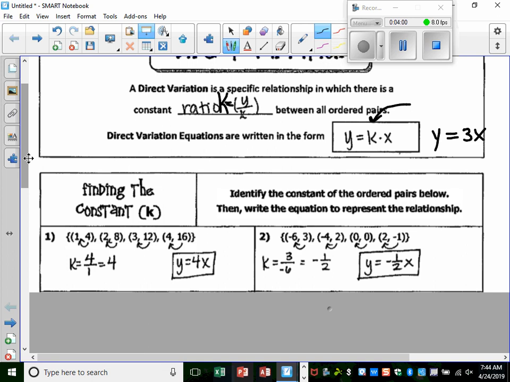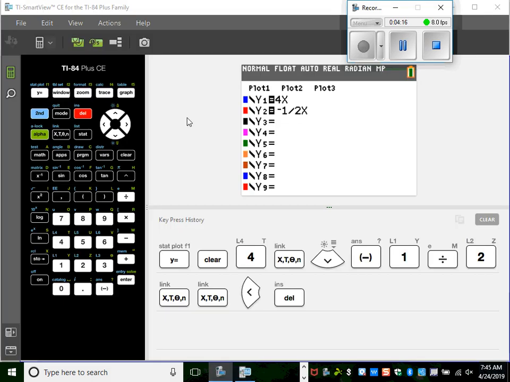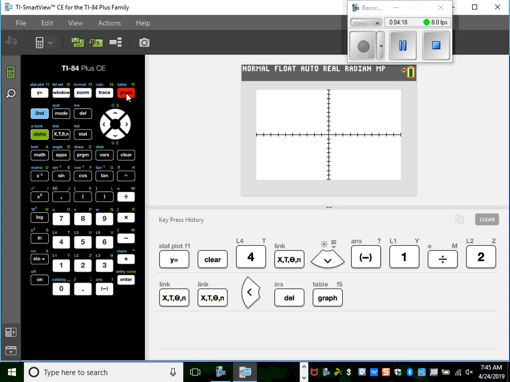So what I want you to do now before we go any further is to take your graphing calculators out, and I want you to actually put in to your y equals, put in y equals 4x and y equals -1/2 x. All right, so when you put in those two equations, you hit graph. Okay, what you're going to notice is the common point is 0, 0.